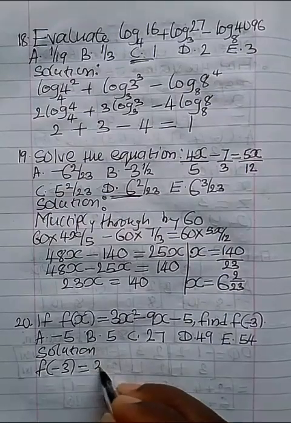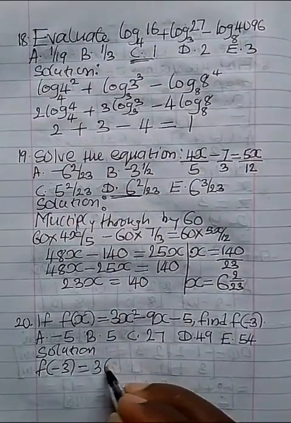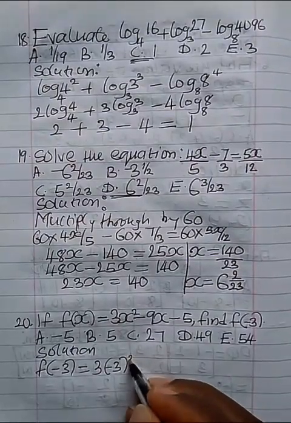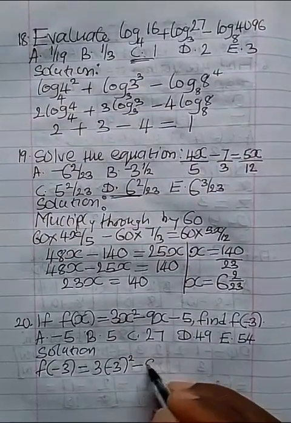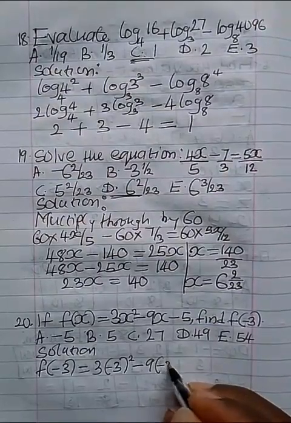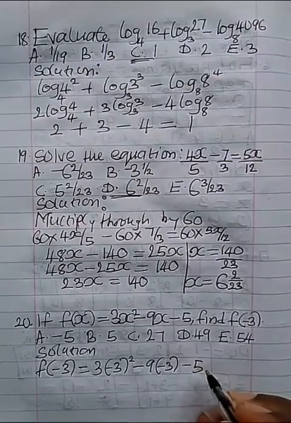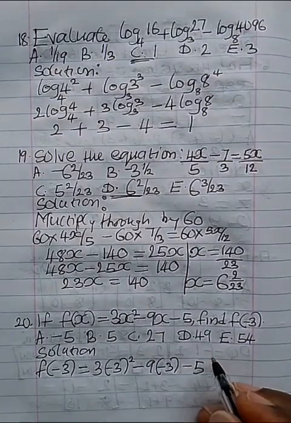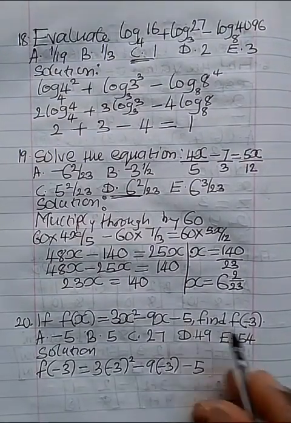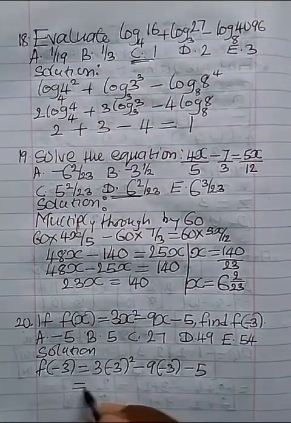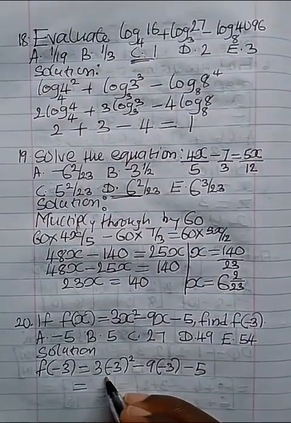So this is 3, bracket open, minus 3 to the power of 2, minus 9, bracket open, minus 3, then minus 5. There's no s attached to minus 5, so it is a constant.